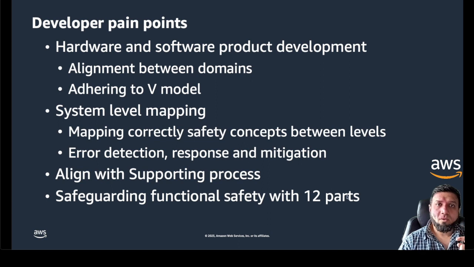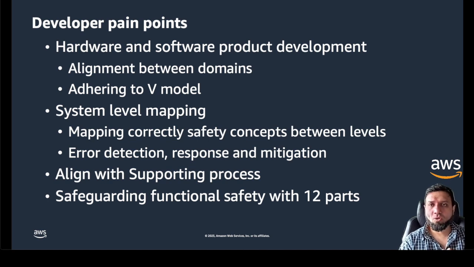So one of the things I often hear from developers is that there is a disjoint between hardware engineers and software engineers. And the purpose of ISO 26262 is to align it and bring it together, so there is a holistic harmony between product development domains, organizations, and engineers.